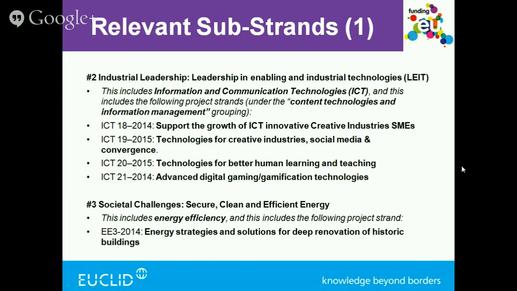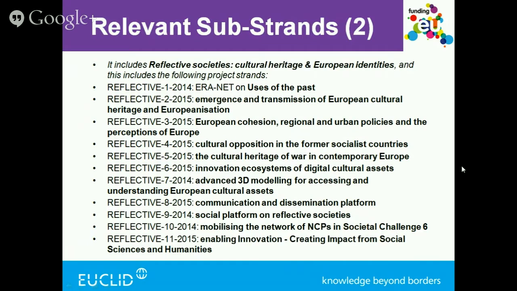The main substrand in strand 3 is reflective societies, cultural heritage, and European identities. There were 11 strands in 2014-15, and a number of them, 6 or 7, have deadlines in 2015.